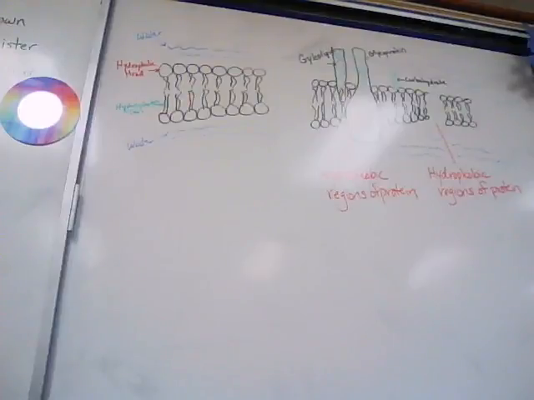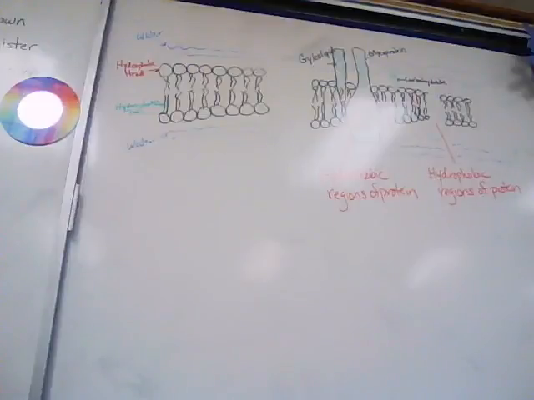More than 50 kinds of proteins have been found so far in the plasma membrane of red blood cells, for example. Phospholipids form the main fabric of the membrane, but proteins determine most of the membrane's functions. Different types of cells contain different sets of membrane proteins, and the various membranes within a cell each have a unique collection of proteins.